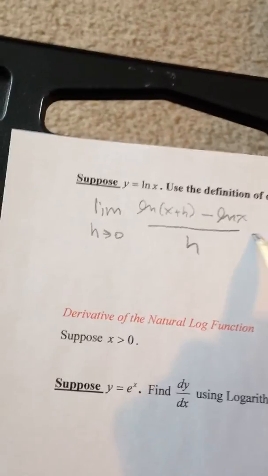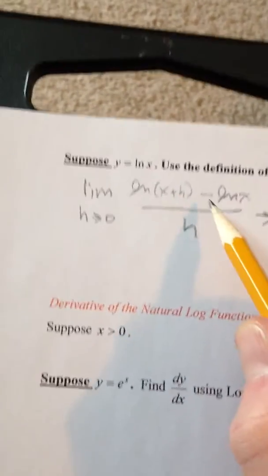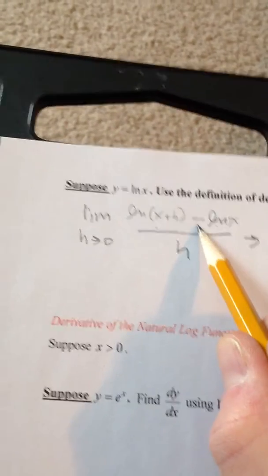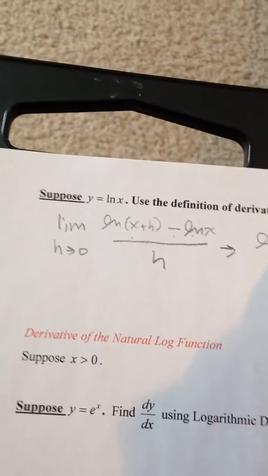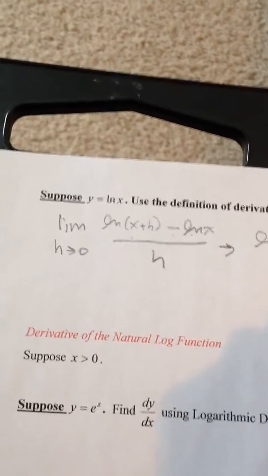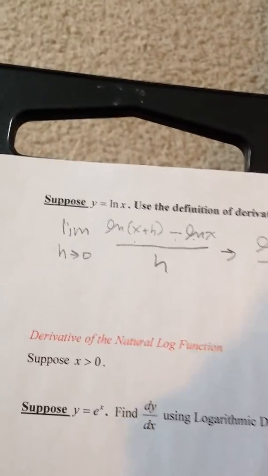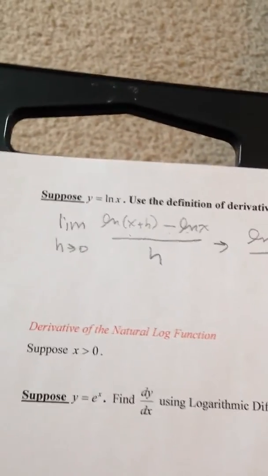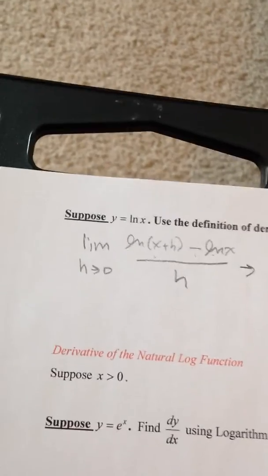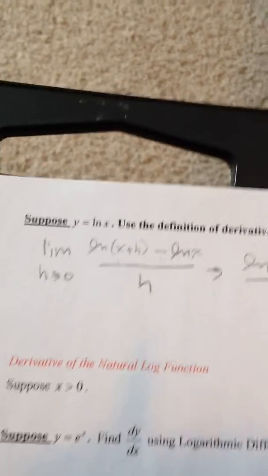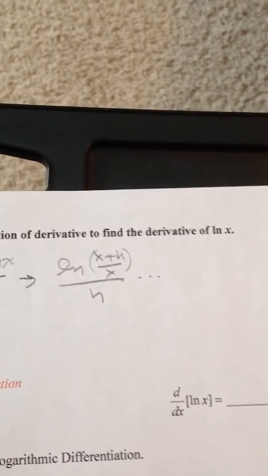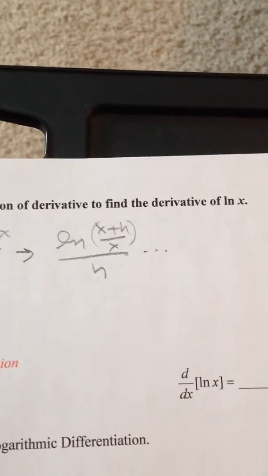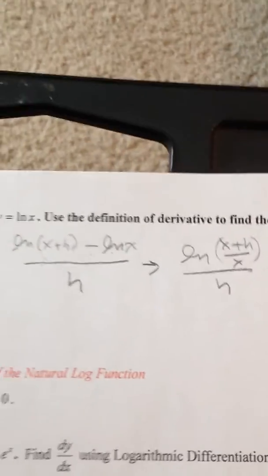I could simplify this because these are two logs, base e, separated by subtraction, so I could write that as ln of (x plus h divided by x), all over h. I could continue that process, but it's not as much fun to do right here as it would be in class maybe another day.